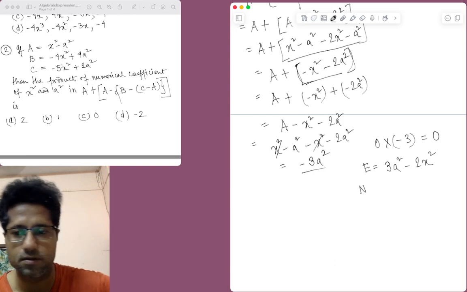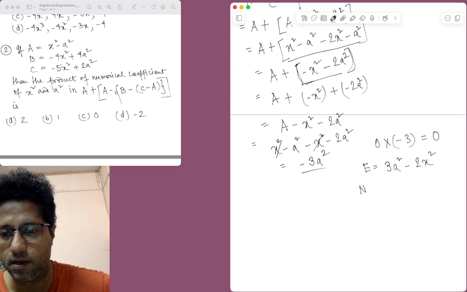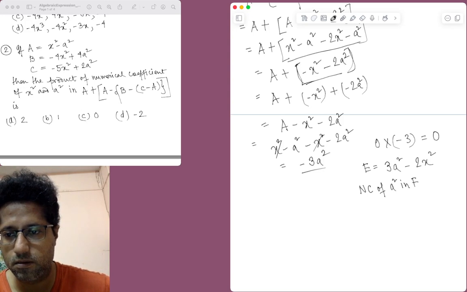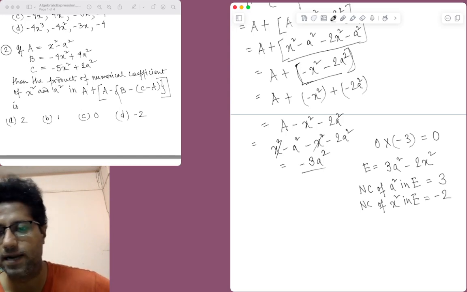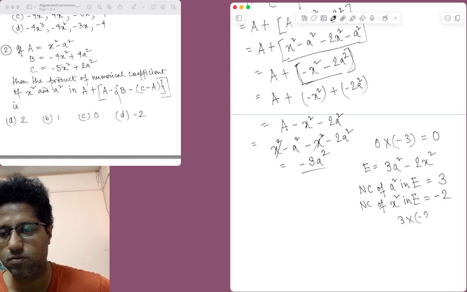Now the numerical coefficient of a square in E is 3, and the numerical coefficient of x square in E is minus 2. So in that case the answer would have been 3 multiplied by minus 2 equals minus 6.